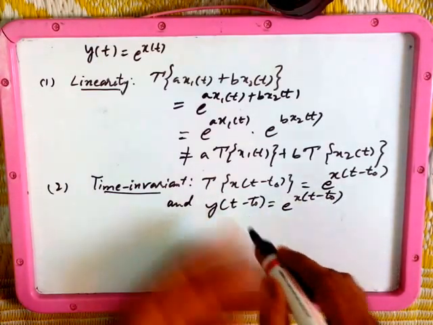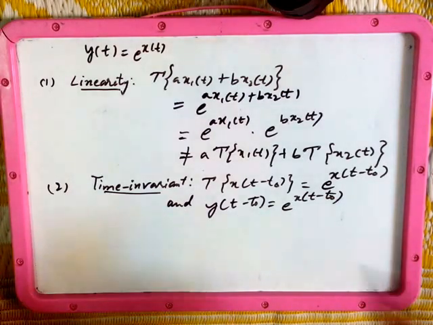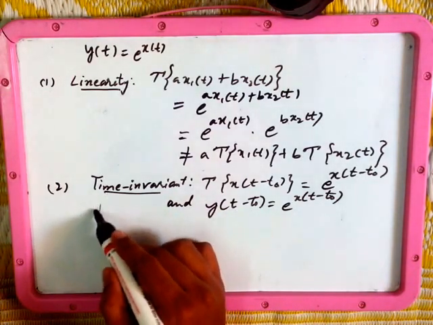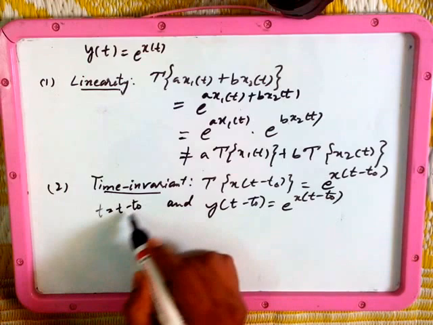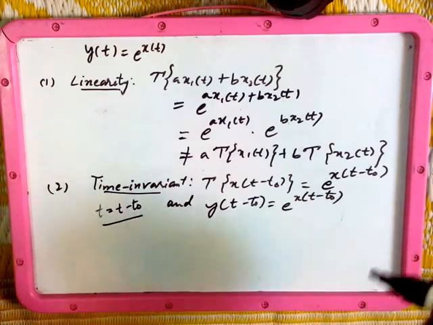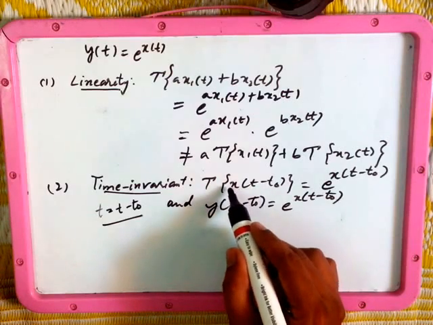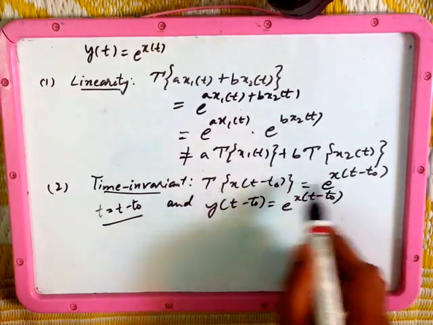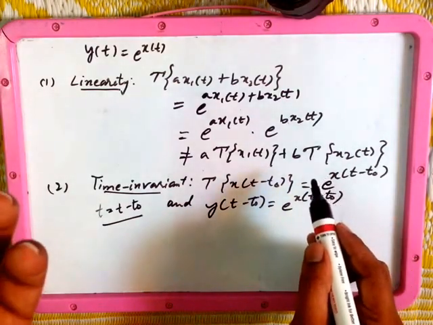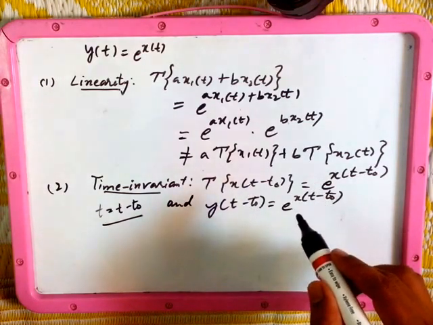So in y of t minus t naught you have to change the t to t minus t naught. Wherever the t is present you need to write t minus t naught, and in the operator, wherever the x of t is present you have to write x of t minus t naught.